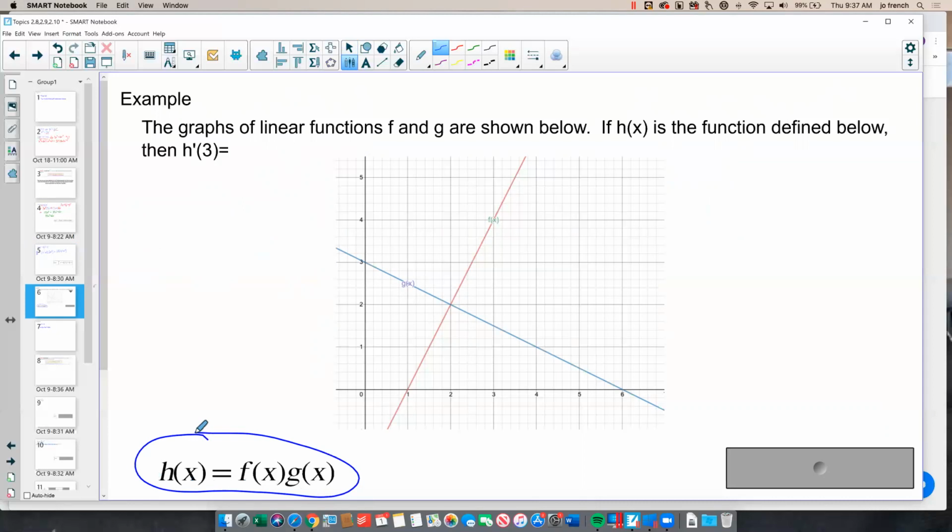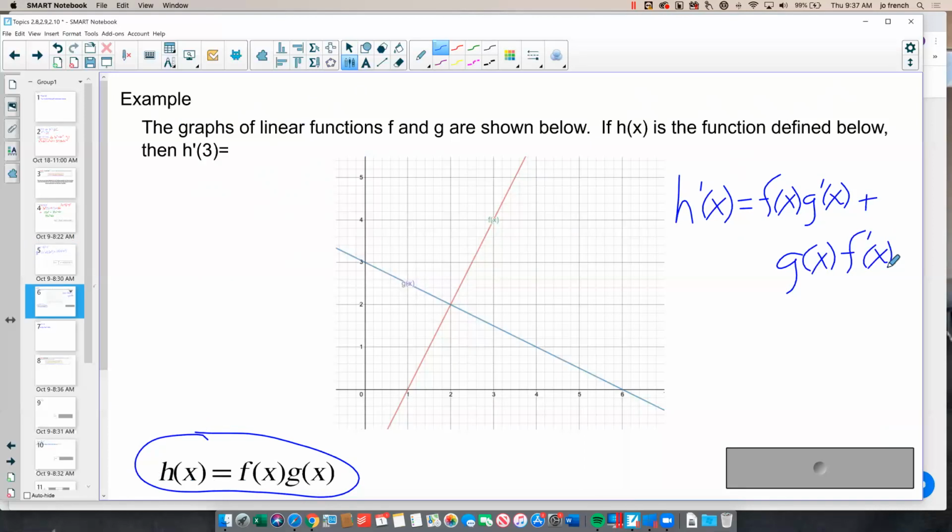All right, well, the derivative of h of x, h prime, is our product rule. So f of x times g prime of x plus g of x times f prime of x, the derivative of our first function.